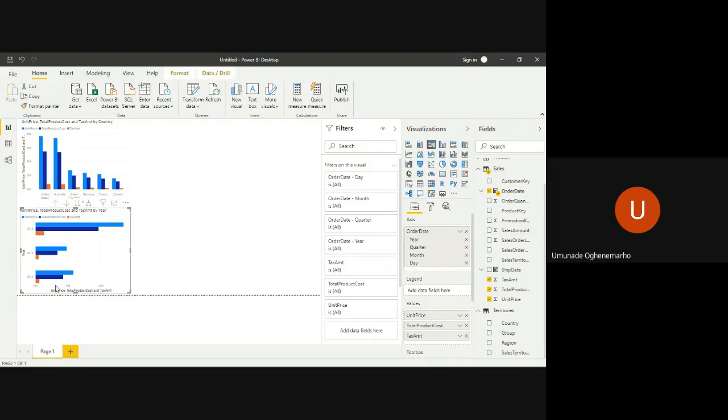So it's already categorized by year: 2016, 2015, 2014. But by the time we turn it on, we've made a drill down. So you can see go to the next level in hierarchy. So now we have quarter 1, quarter 2, quarter 3, and quarter 4. And if we look closely, there is a steady increment in our unit price.